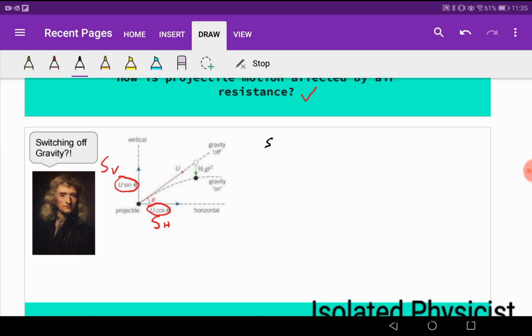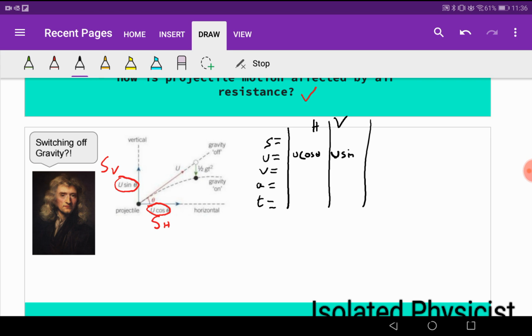SUVAT, horizontal and vertical. So our initial velocity in the horizontal was u cos theta, and in the vertical was u sine theta.